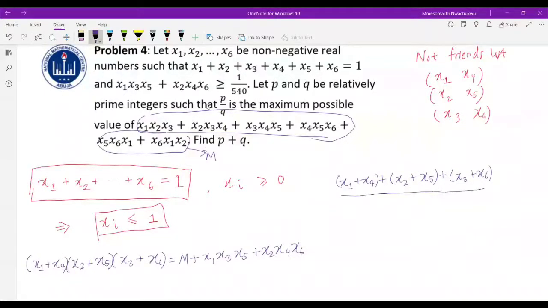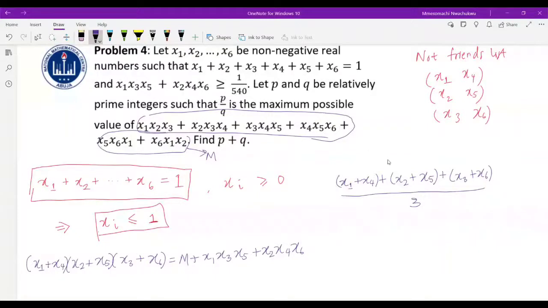all over 3. At this juncture, we're going to apply the AM-GM inequality. It says that the arithmetic mean is always greater than or equal to the geometric mean. That's something you should be familiar with in the Olympiad.